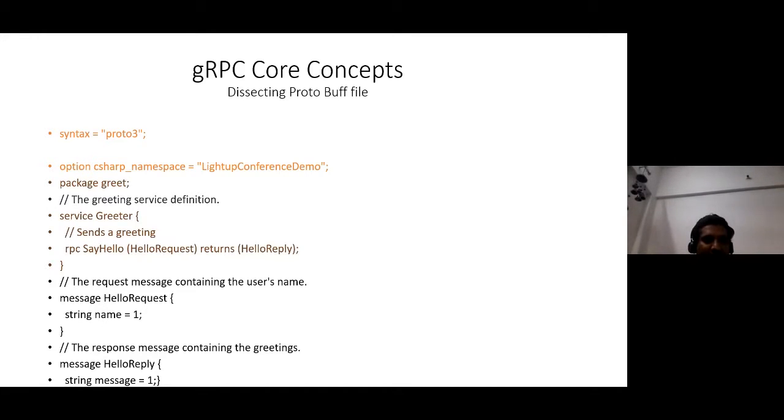The next thing is the service definition. This is the sample service that we have created. This service is a greeter service. It contains the say hello method, and it accepts the hello request and returns the hello reply. Now, to draw an analogy with our web API, this greeter is our controller, and this say hello is a particular controller method in our web API.